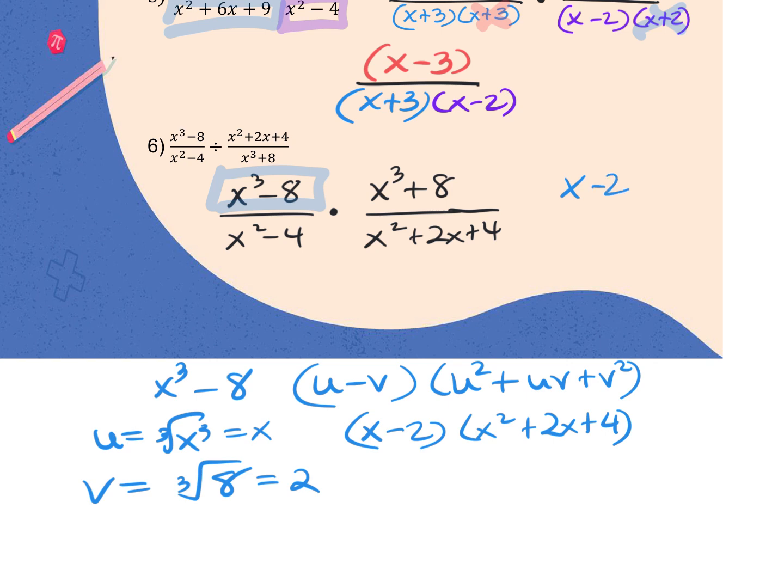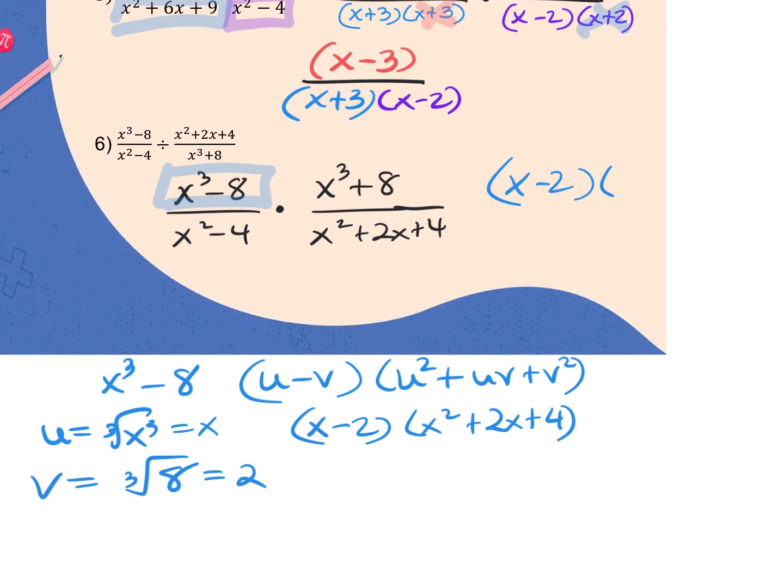So x minus 2, then the trinomial, x squared plus 2x plus 4. And again, that trinomial, you cannot find factors of 4 that will give you 2. So you stop. The next one, the denominator, difference of two squares. So x minus 2, x plus 2.